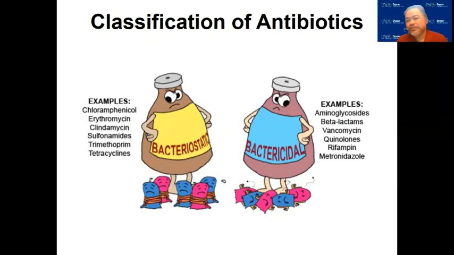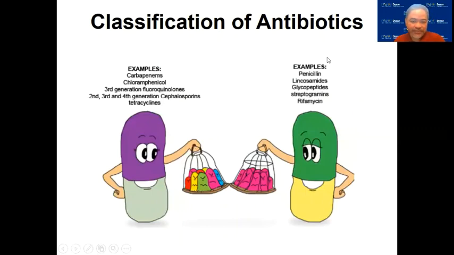Now, some antibiotics can be both bacteriostatic and bactericidal, depending on the dosage, the duration of exposure, and the state of the invading bacteria. We can also classify antibiotics as broad spectrum.